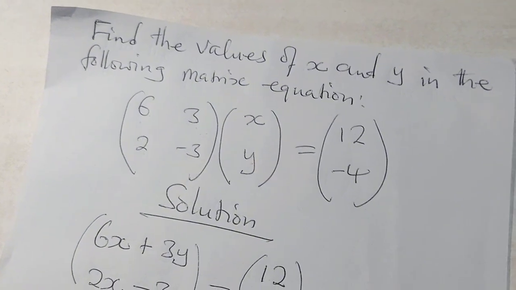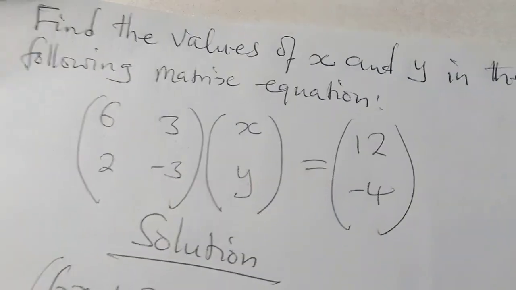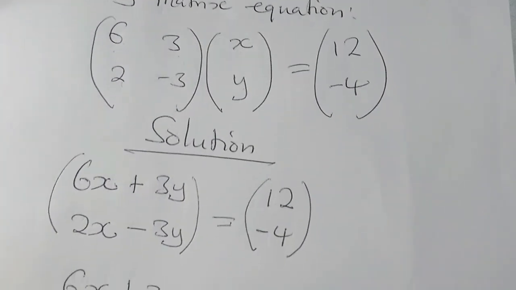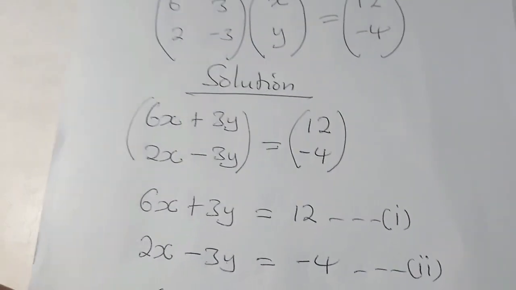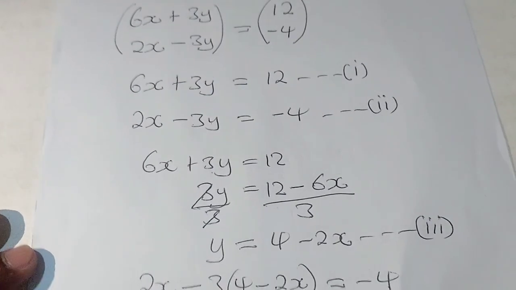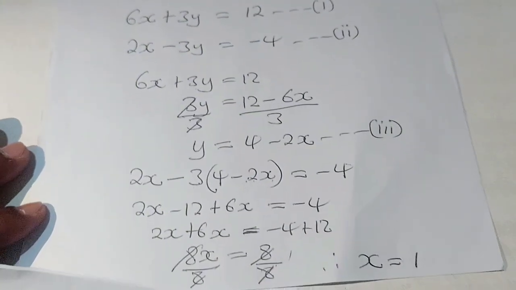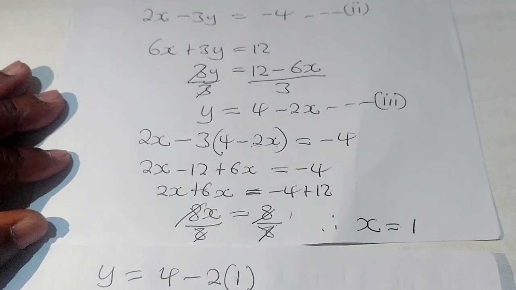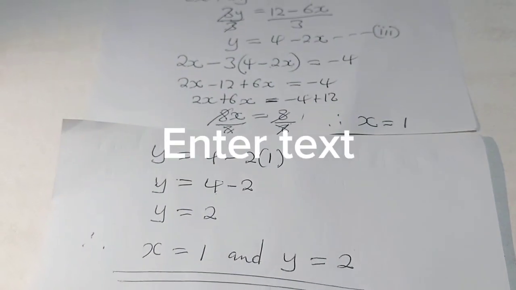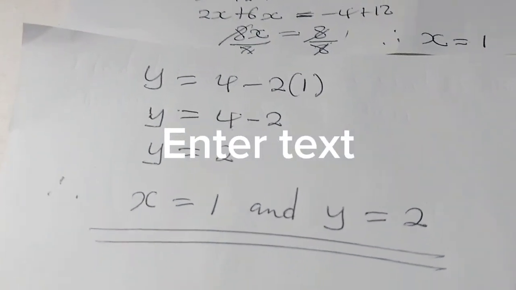So that's the question: find the values of x and y in this matrix equation. Then we got two equations there. Then here we got the third equation, up to the final answer. We have got x and y.